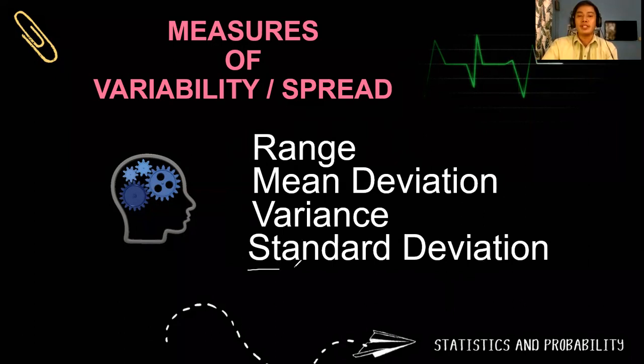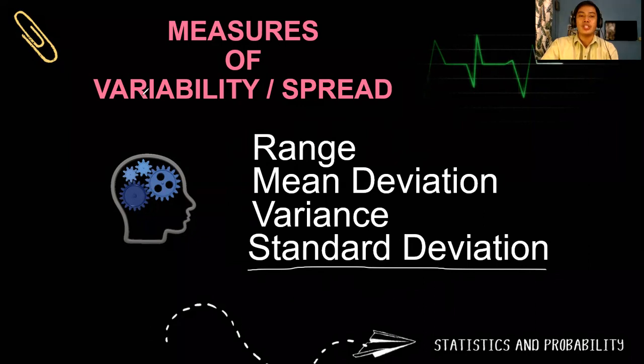Specifically, we use the standard deviation to define how far we are from the center, or from the measure of central tendency. The farther it goes from the center, the larger the value of the standard deviation. While the closer it goes from the center, the smaller the value of the standard deviation.